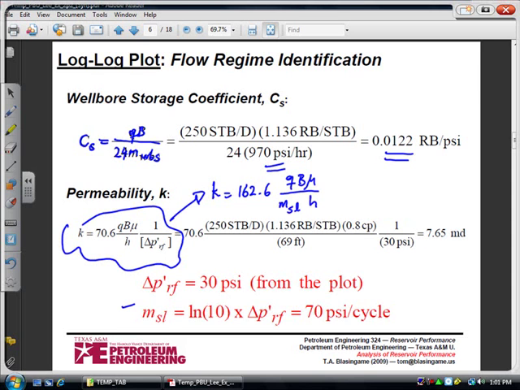MSL is basically the natural logarithm 10 times the delta P dash RF, which is 70 psi per cycle. Okay, so that gives me a permeability value around 77.65. And then now, once I find these values, I am going to proceed to the other plots. I'll start with the Cartesian plots, and I'll make sure that I'm going to use this slope in that.